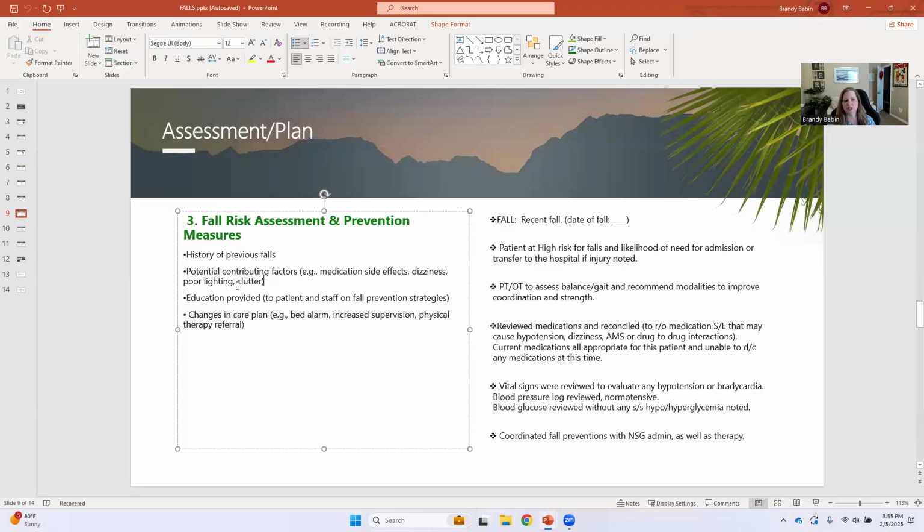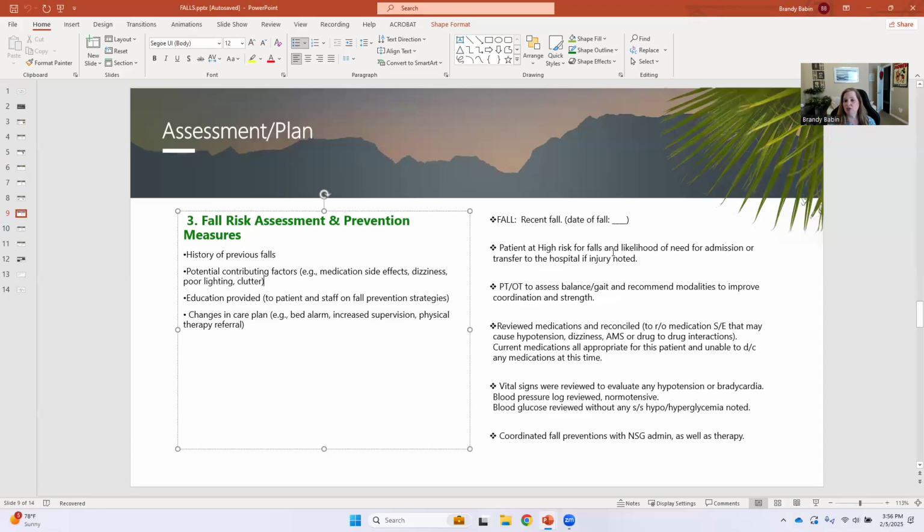And then any changes in care plan will be put on the patient's care plan in PointClickCare, but then also we would count that as well. So recent fall, the patient had a recent fall. What is the date of the fall?